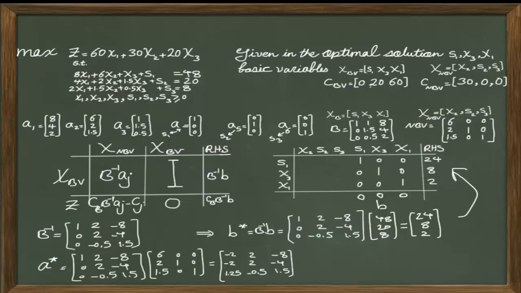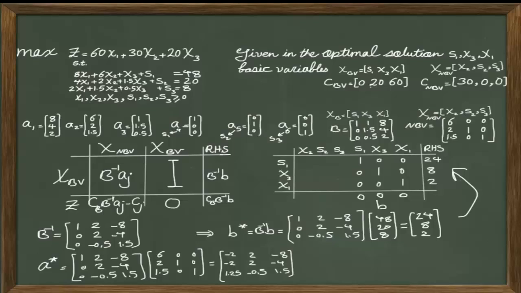I'm multiplying the B inverse by NBV, because we already know that this is formed by putting the columns related to non-basic variables' coefficients in the constraints. So this is the same thing as putting all these AJs together and calculating all the coefficients in one shot. So let's copy these coefficients in the final table.